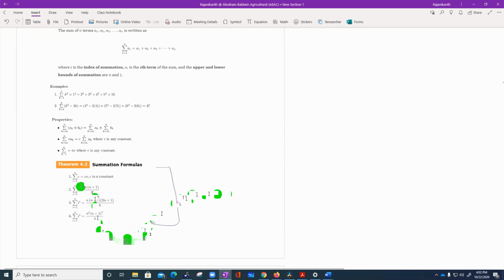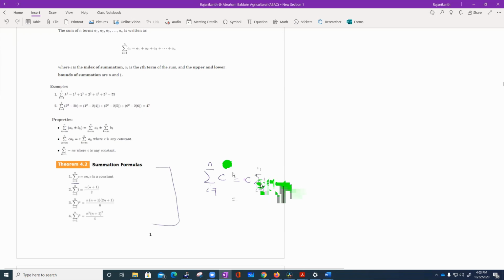Okay, so if you have the variable i here, that means i running from 1 to n. So you are repeatedly, n times, adding some number. Since c is constant, remember the sum of a constant from i equals 1 to n means you could pull that constant outside, and you are running i from 1 to n with the constant 1.